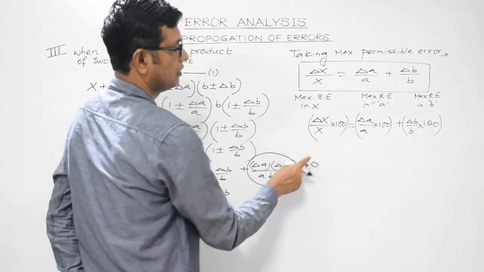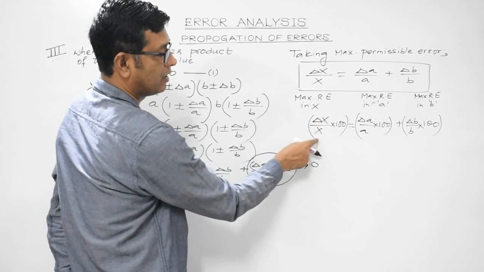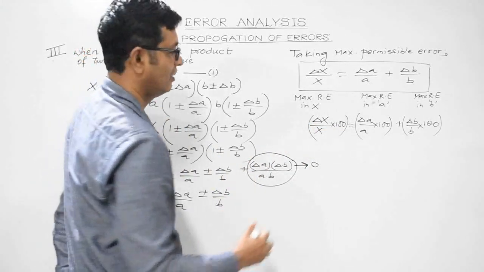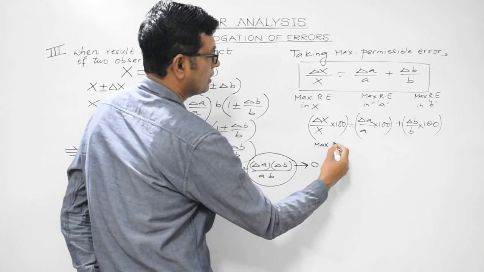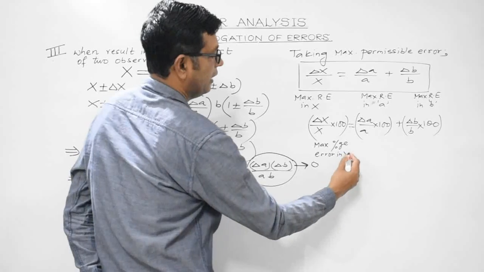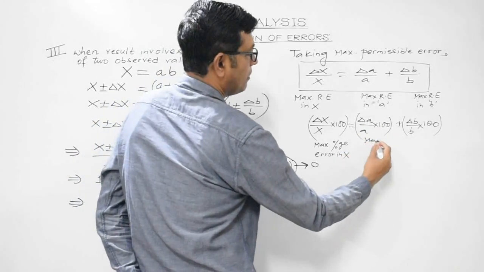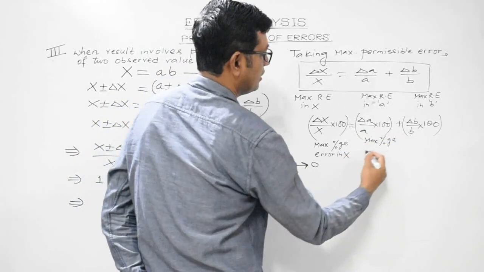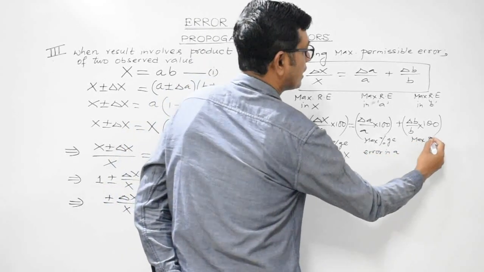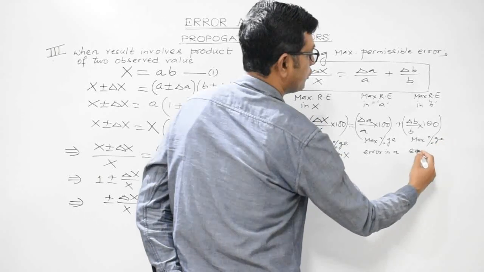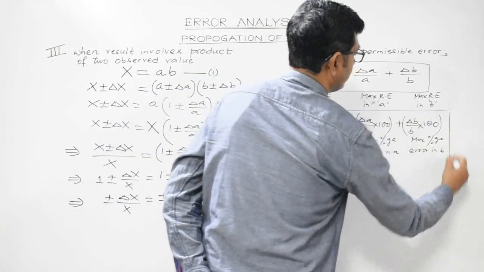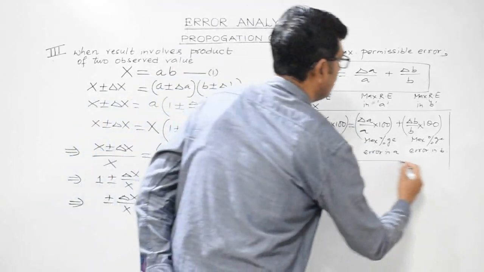So look, this is the fractional or relative error, and when it is multiplied by 100, that will give the percentage error. So this is the maximum percentage error in x, the maximum percentage error in A, and the maximum percentage error in B. So this is another very important conclusion, right?